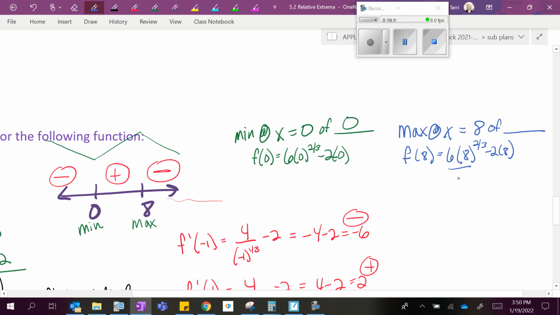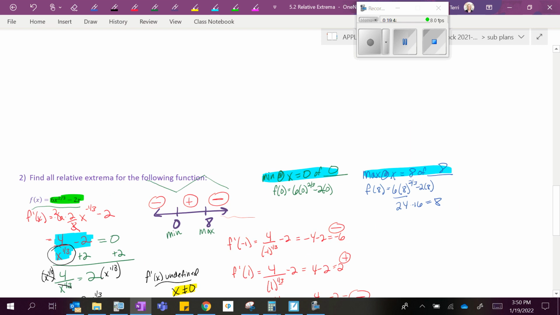So this term becomes 24 minus 16, which is 8. So I've got a min at 0 of 0 and a max at 8 of 8.